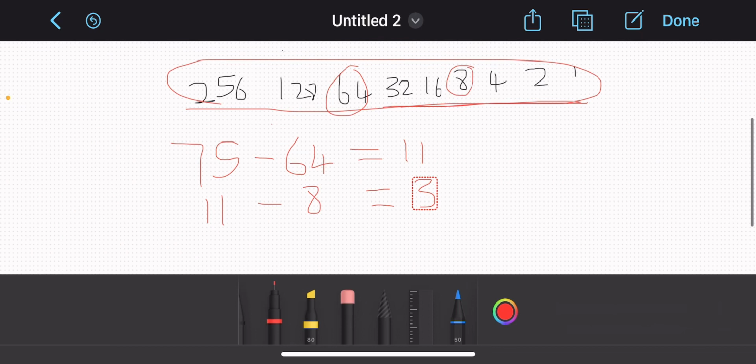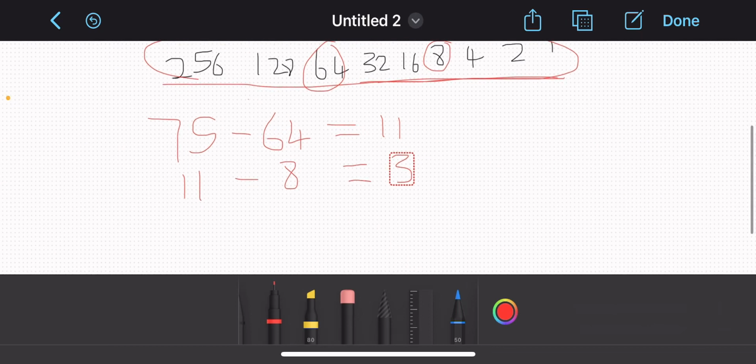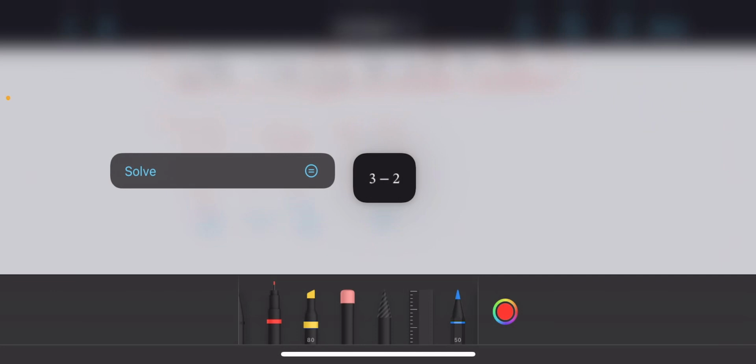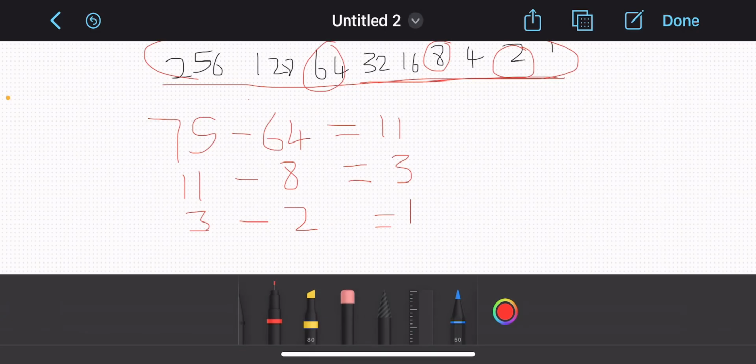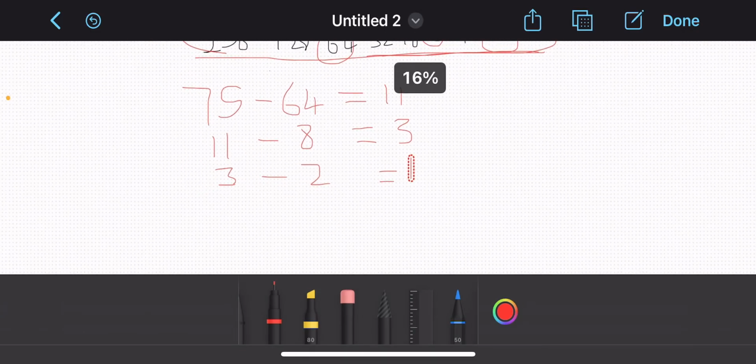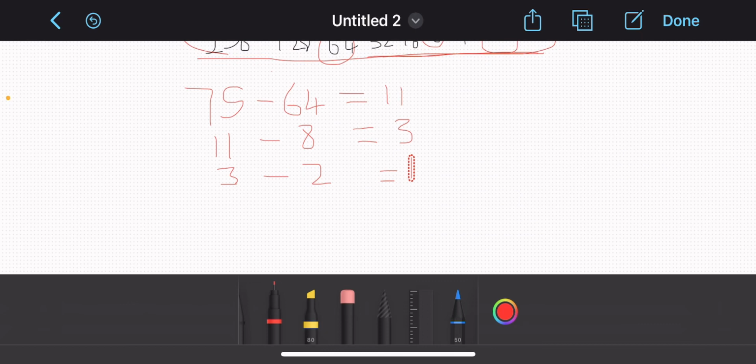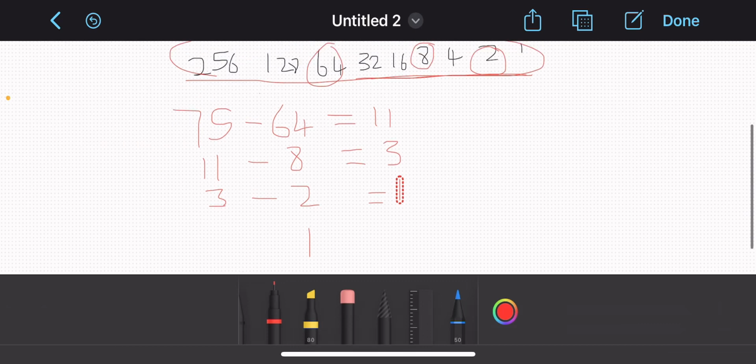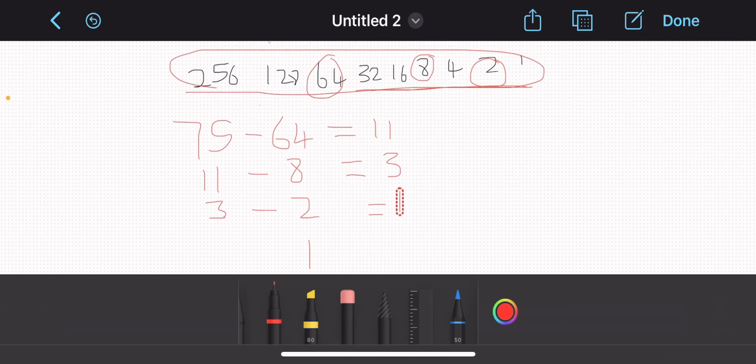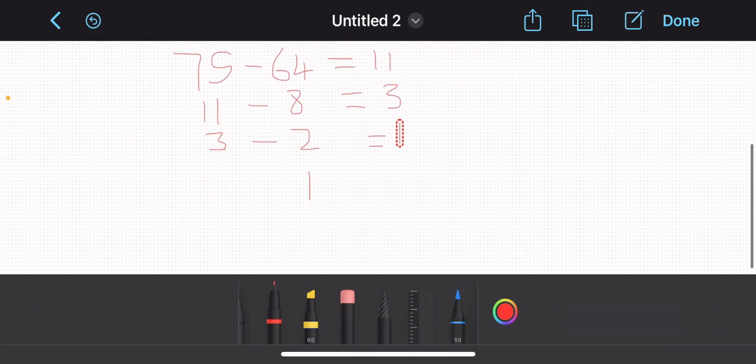And then we go again to these numbers and look for a number that's smaller than 3, but closest to 3. That's 2, so 3 minus 2 equals 1. What I like doing here is I'll just write 1. 1 is our last number, so we just put our 1 there.